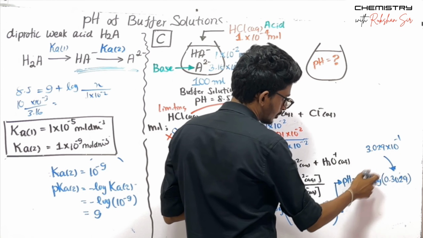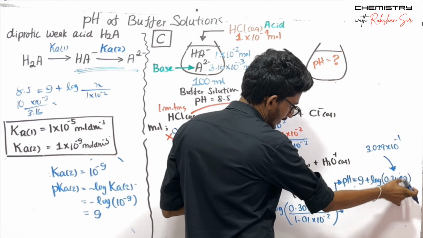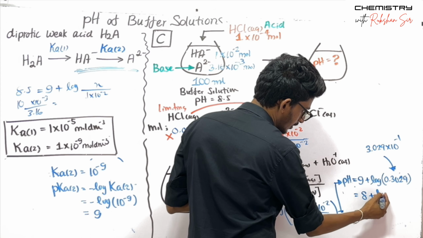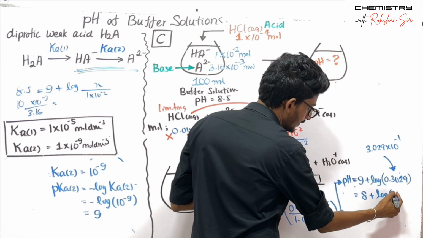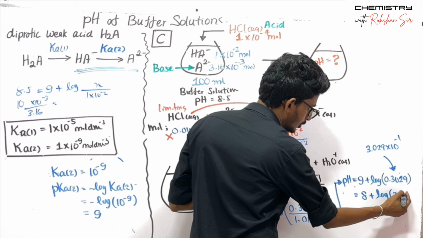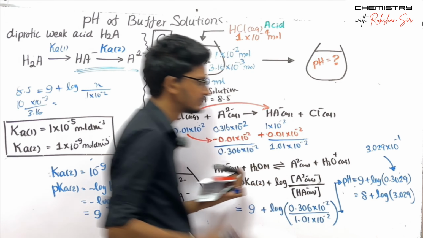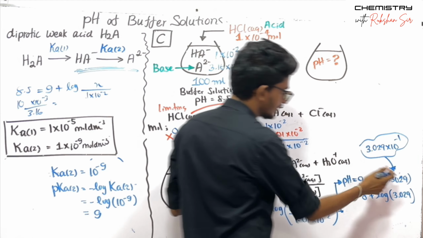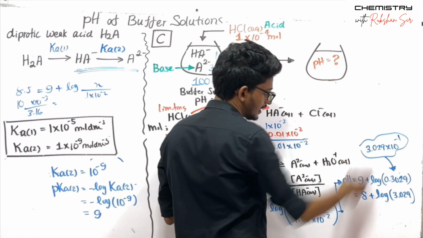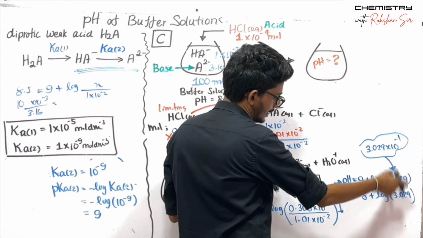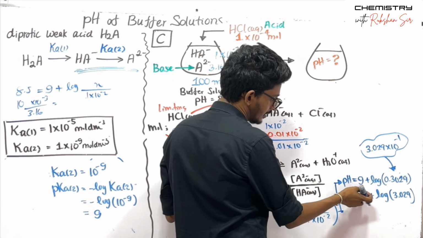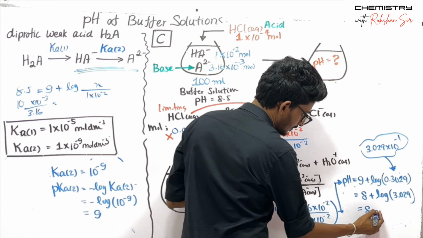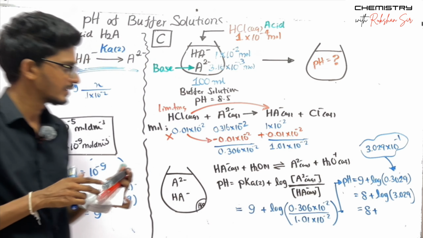The 10 to the power minus 1 can be taken out as minus 1. So minus 1 plus 9 is 8, plus log 3.029.